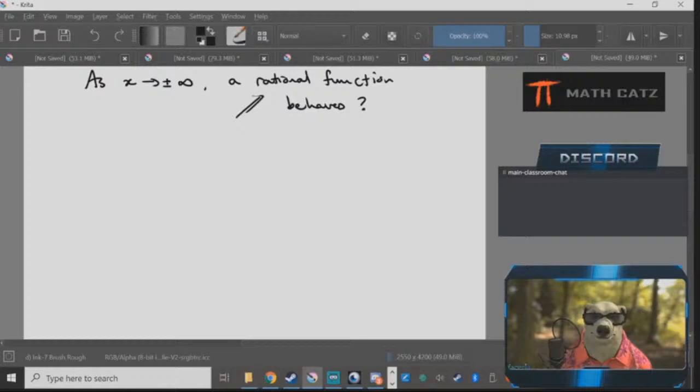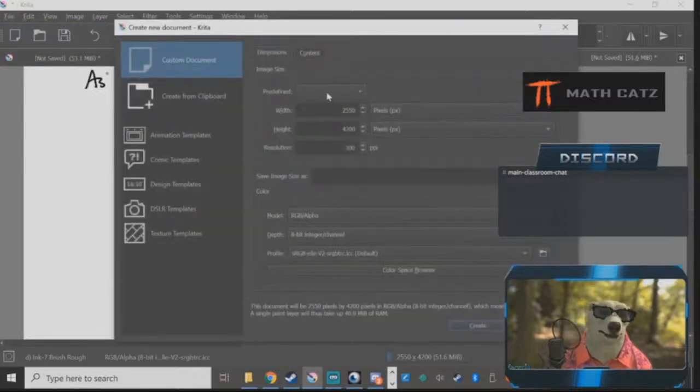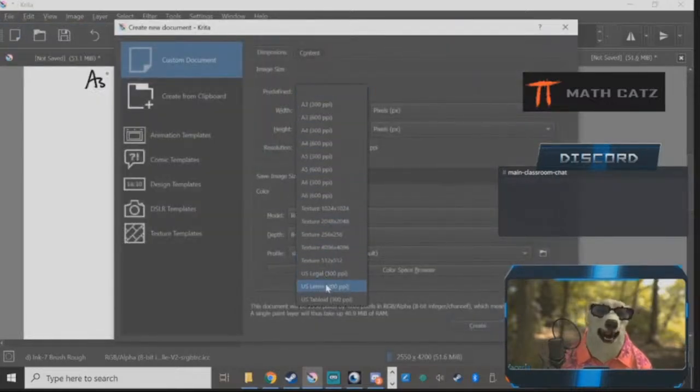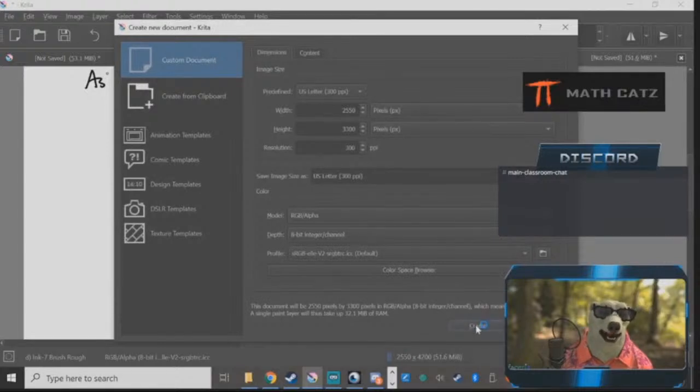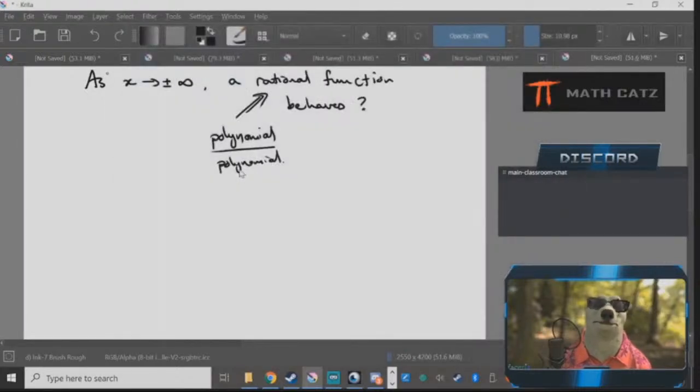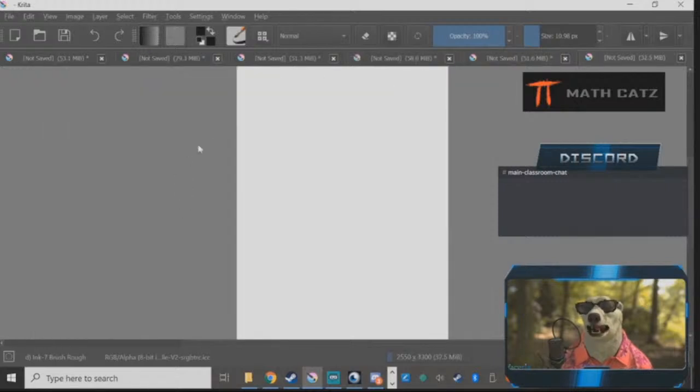The news is pretty good because it's polynomial over polynomial. So let's just do a couple of problems and then we see it's actually quite straightforward. But there are more things that could happen as an answer, but it's not complicated to look at because I'm building on my knowledge of polynomials.